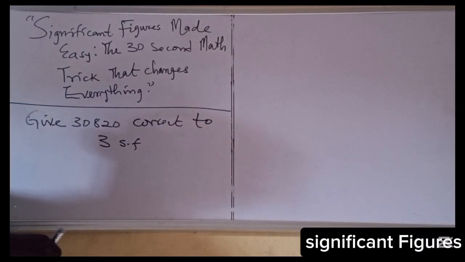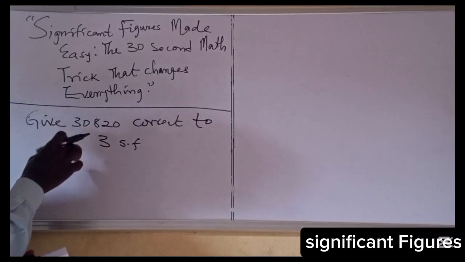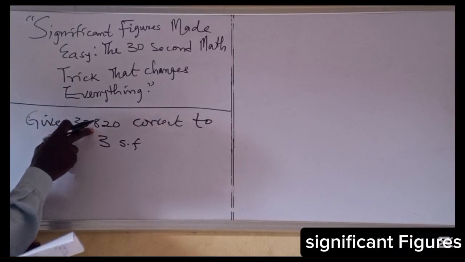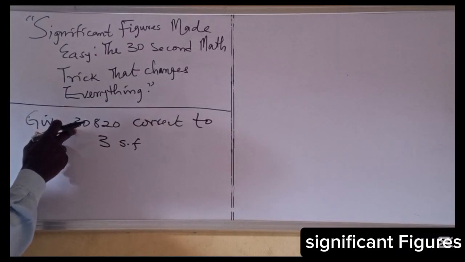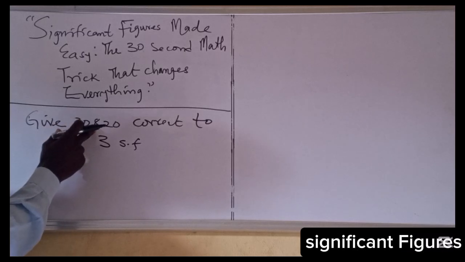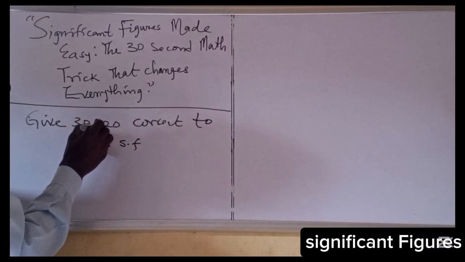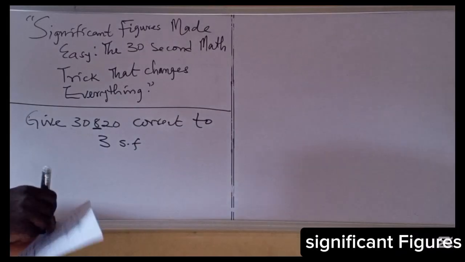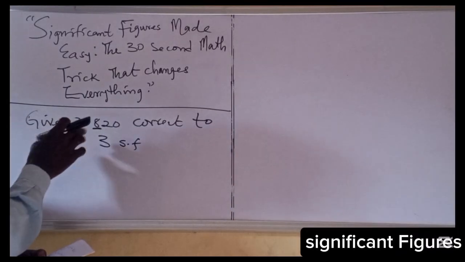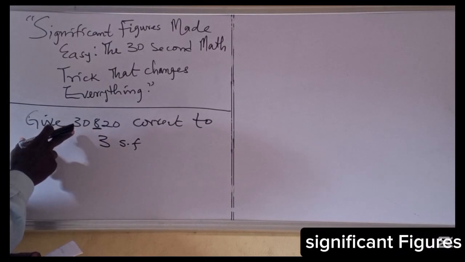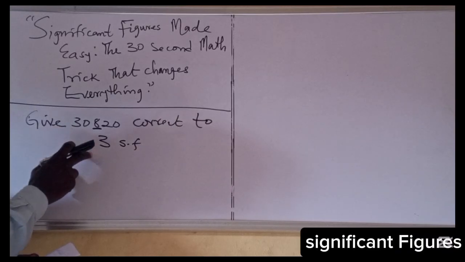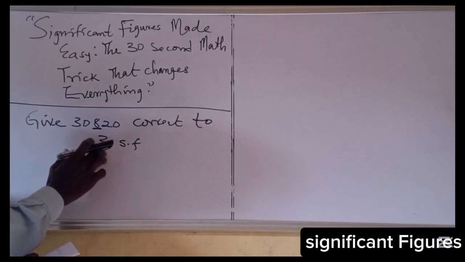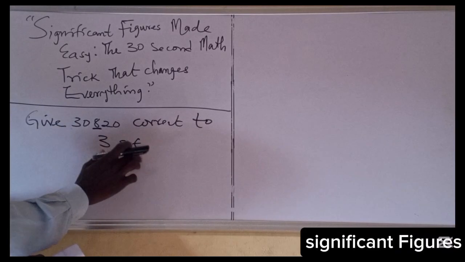So what you do is you look at this: first, second, third. This is the third significant figure. You can't just write 308 as 3 significant figure.